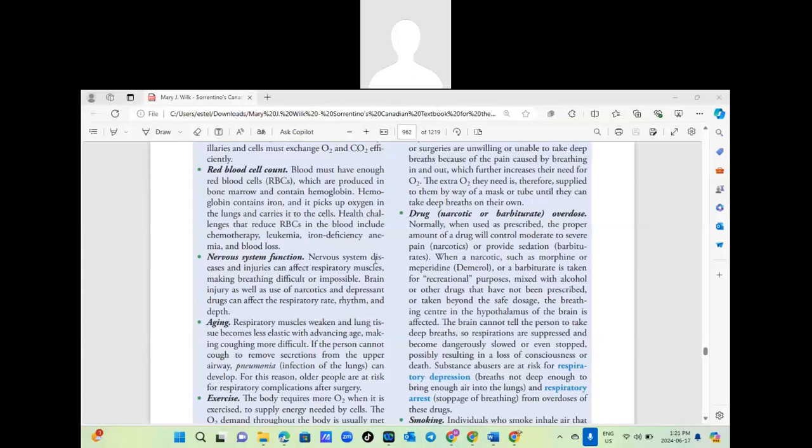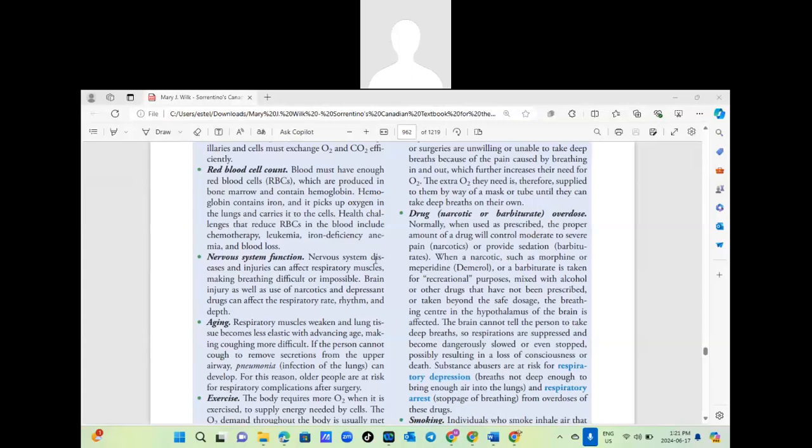We have mentioned the effect of narcotics or depressants that can suppress the respiratory center of the body. That's why some people overdose with drugs and have a respiratory arrest.